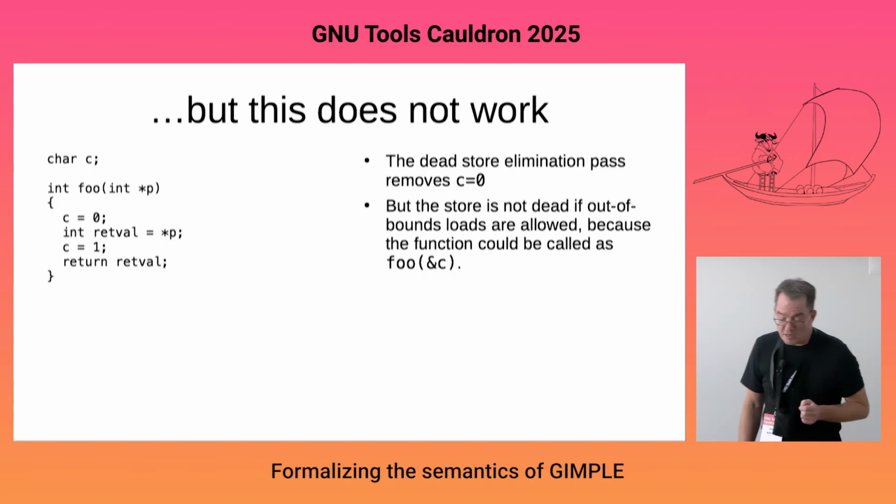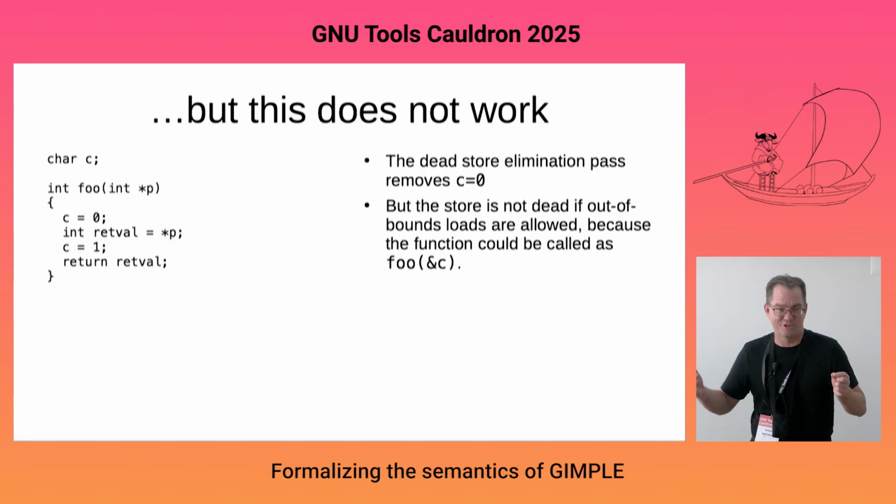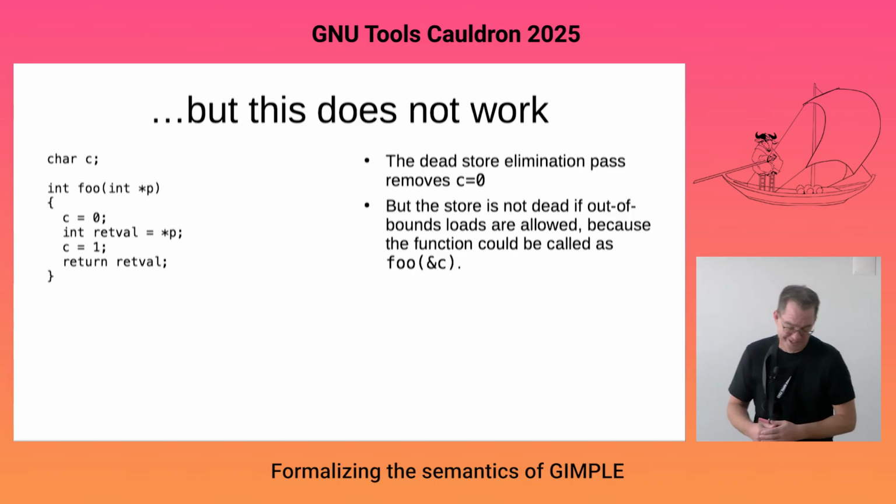But here the store elimination pass eliminates the first store, because the aliasing system within GCC thinks it cannot alias: reading a 32-bit value cannot come from an 8-bit value.